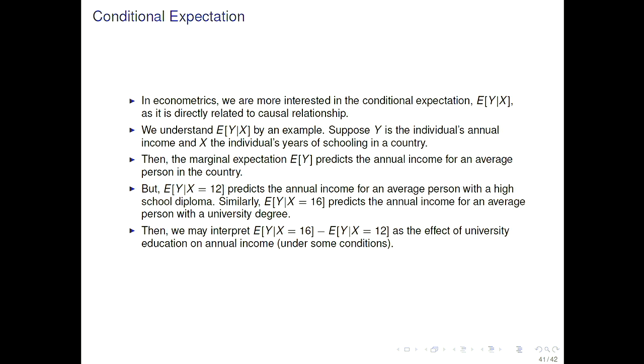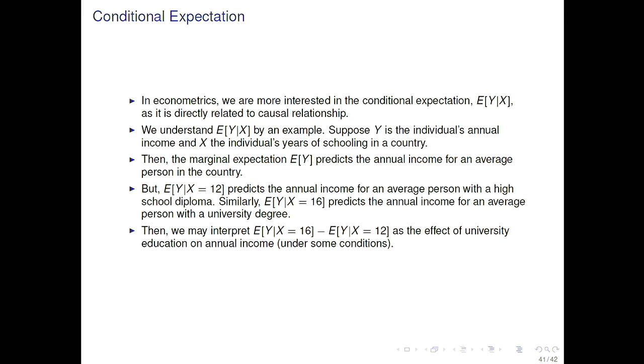Of course, we can have population mean of y, population mean of salary for the entire population. But we know that some people are high school graduate and some other people are university graduate. Presumably, high school graduate may have different expected value of their salary.